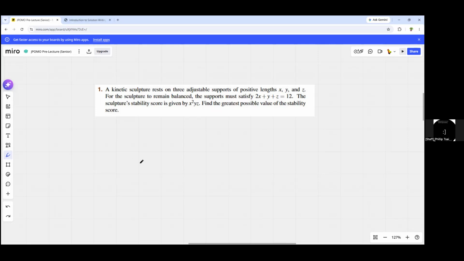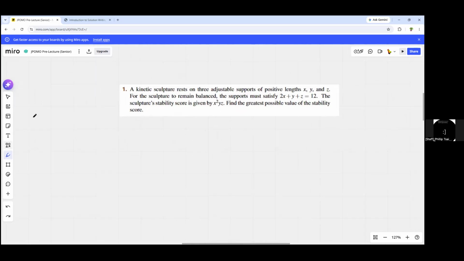That could work, but there is a non-calculus solution to this problem that we can use. But derivatives are also a solution.